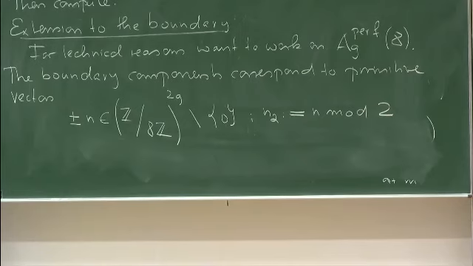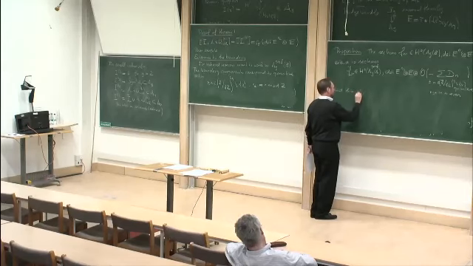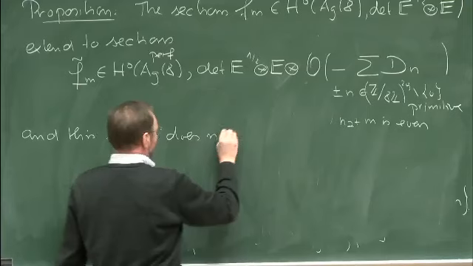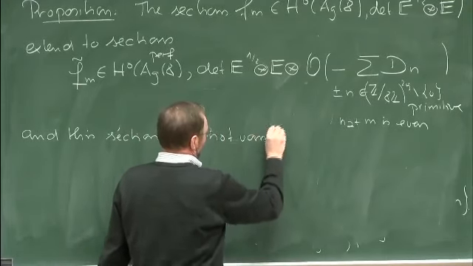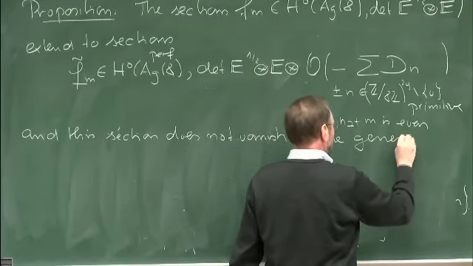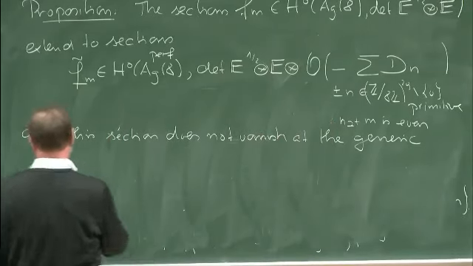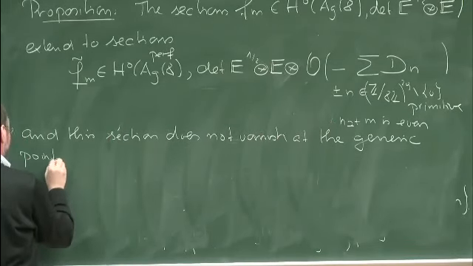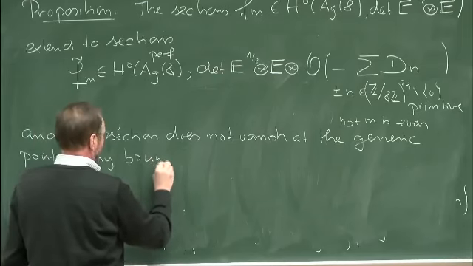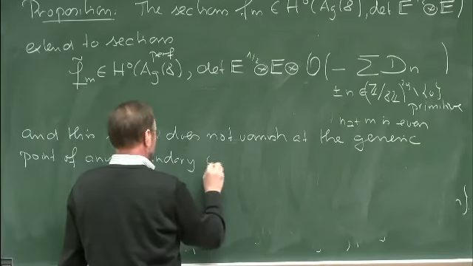Okay, you could of course say, well, why subtract these boundary components? You still get a section, but what we now get is this, and this section does not vanish at the generic point of any boundary component.